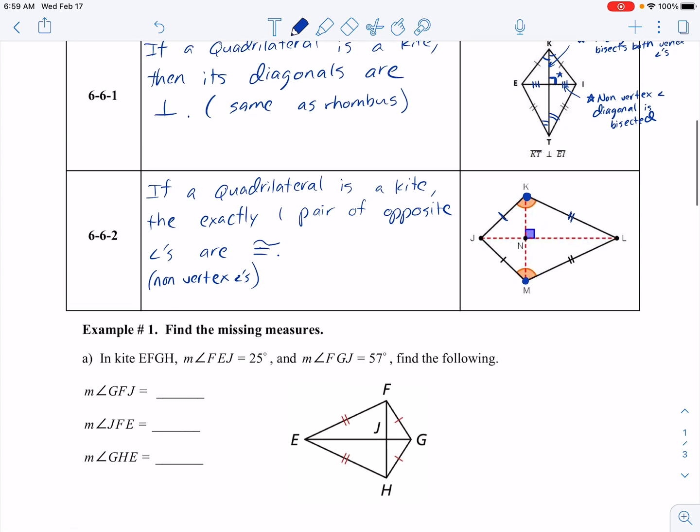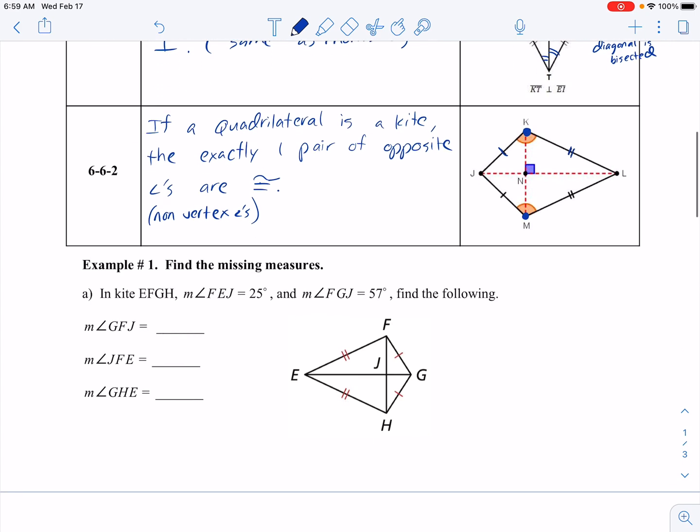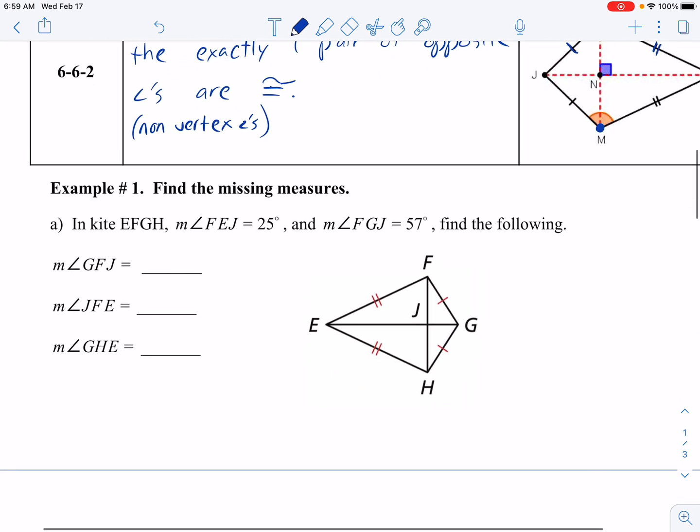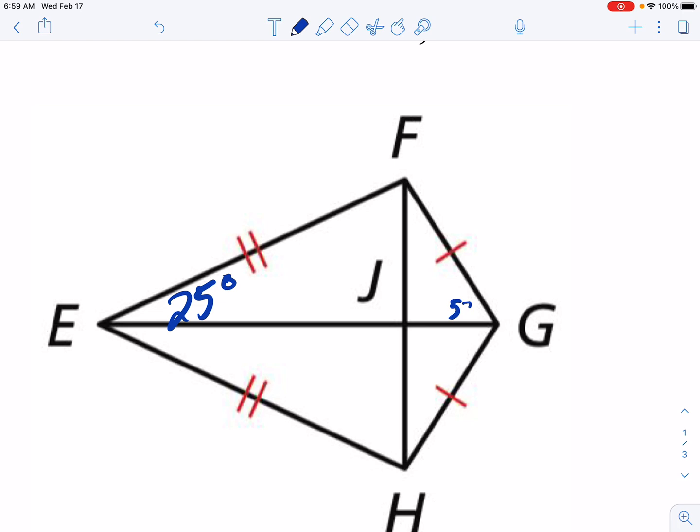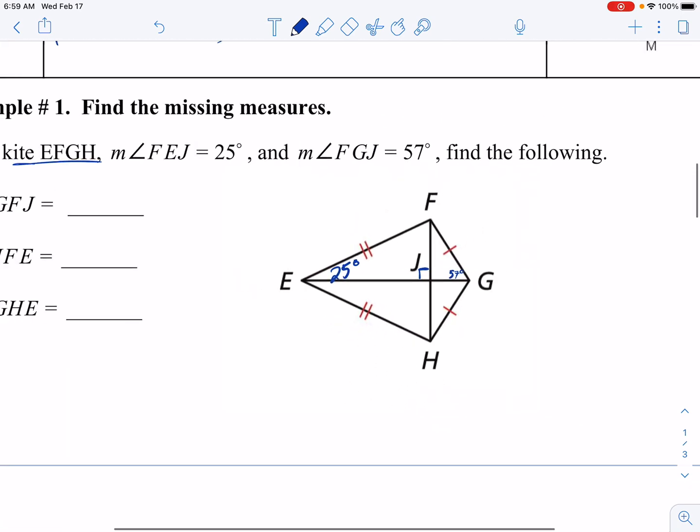The properties that we just listed up above, we're going to use down here to solve for the missing measures in this kite. All right, let's fill in everything that we know. Angle FEJ is 25 degrees. It's this angle right here. FGJ is 57 degrees. We know that this is a 90-degree angle, so we can list that on there.